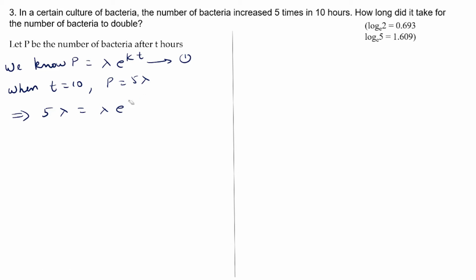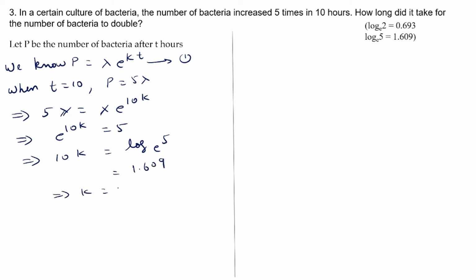That is e raised to 10k, as t is 10. From this we get e raised to 10k equal to 5. Let us take log on both sides. We have 10k log e, which is 1, equal to log 5 to the base e. Log 5 is 1.609.